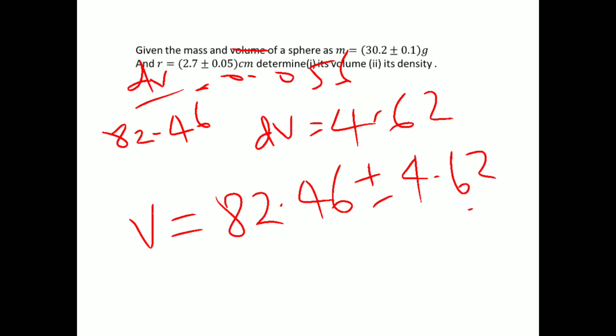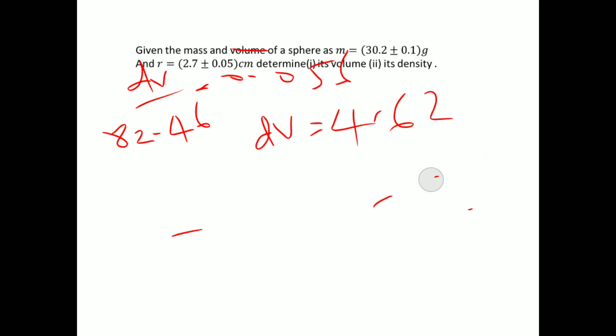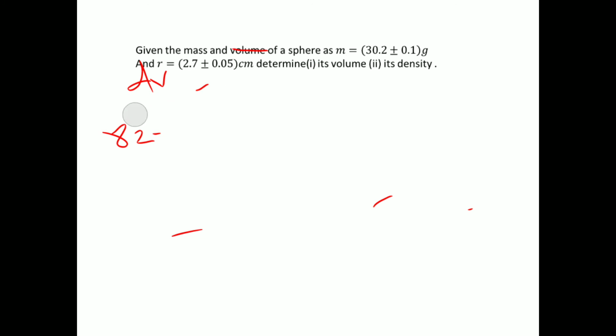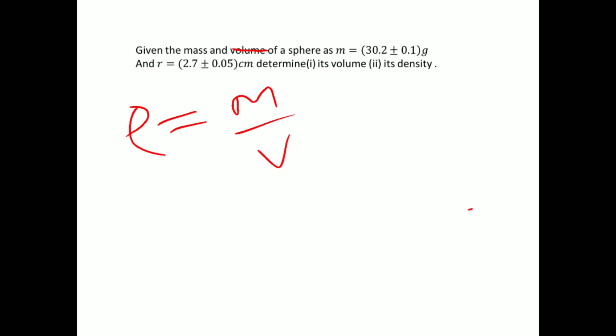Now the next question says we should find the density. What is the formula for density? Density is simply mass over volume. The mass here is 30.2, divided by the volume, which we got to be 82.46.